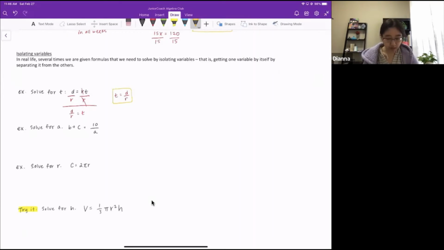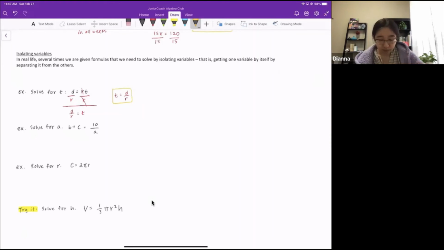Okay, so the next one says solve for a: b plus c equals 10 over a. Remember when I said I usually like to add and subtract before I multiply and divide. In this case, it's the opposite because we're dealing with variables, and you'll see why I want to multiply before I add.